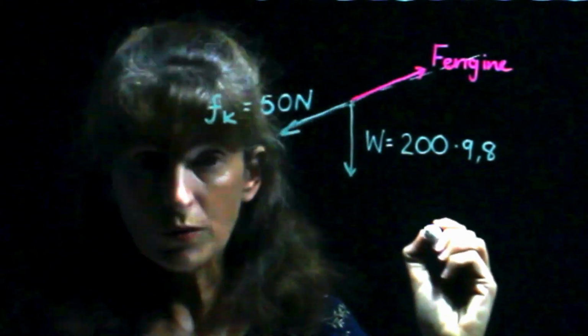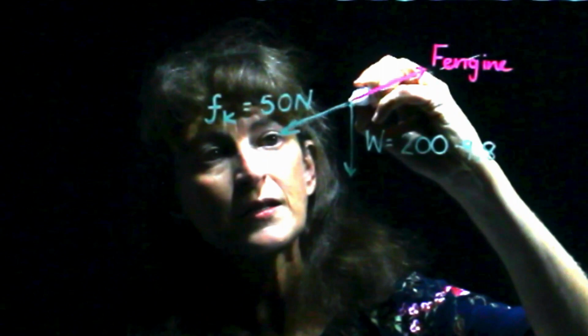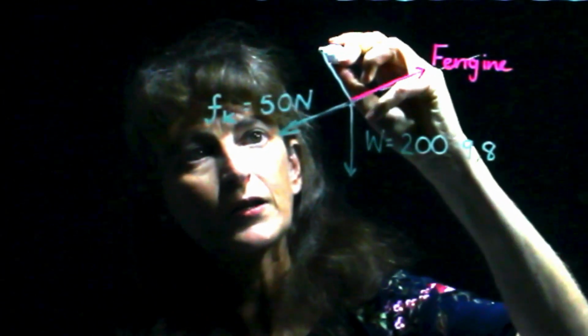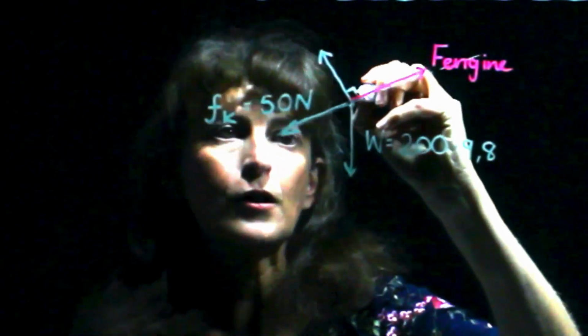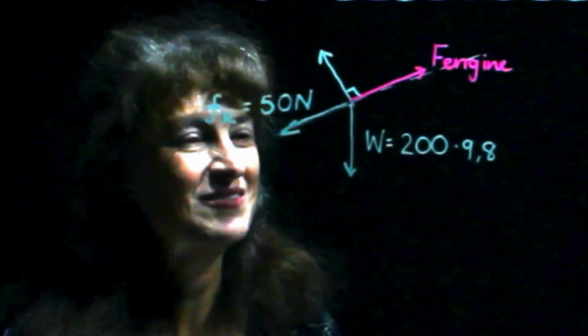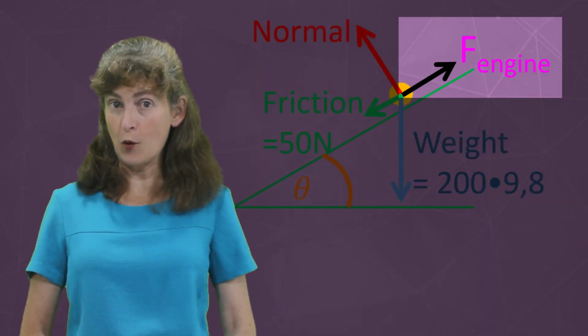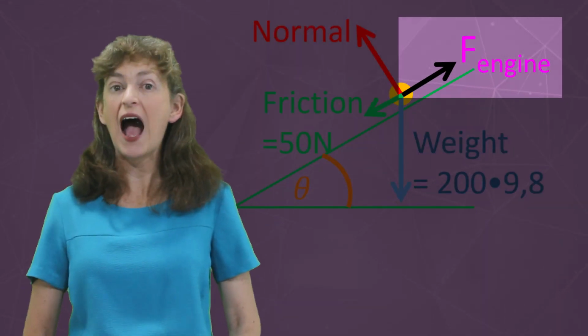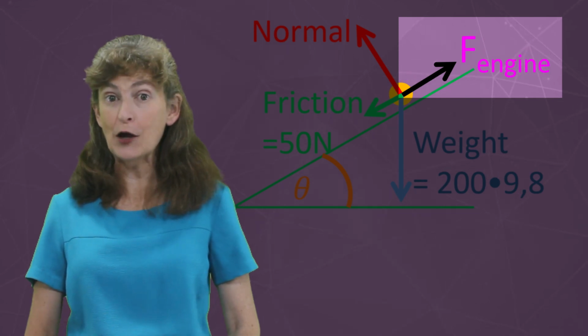Then we also have the normal force, which acts perpendicular to the slope. Hope that looks perpendicular. The engine exerts a force, let's call it F engine, upwards parallel to the slope.